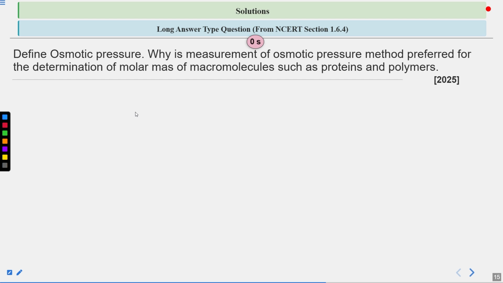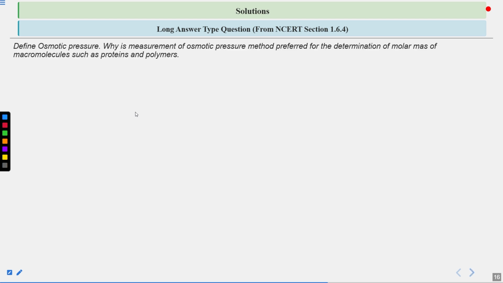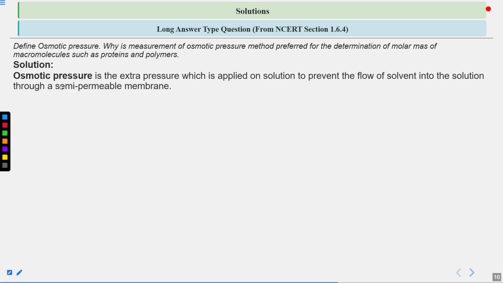Okay, let's see. So for this given question, we have the solution. First of all, the osmotic pressure.